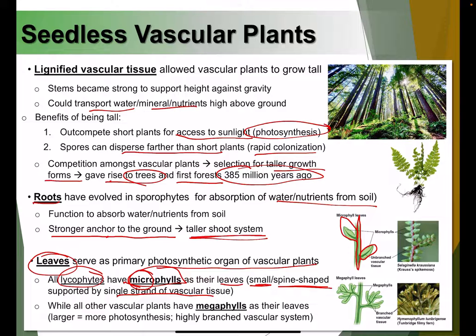And then other vascular plants, other than lycophytes, have megaphylls, which are leaves that are a lot larger. And the fact that there are larger leaves, they have more surface area for photosynthesis, and they're able to do more of that, which is better for the plants. And they also have a highly branched vascular system, not just one thing, but there's also all these other vasculature going through the bigger leaves.